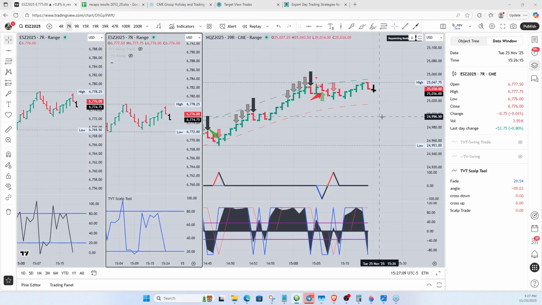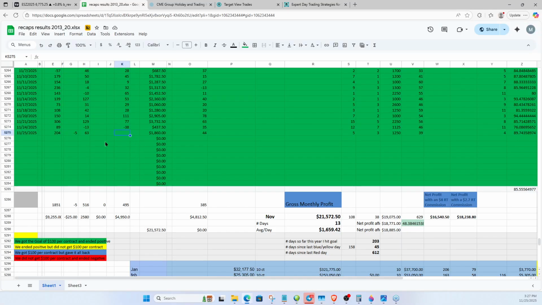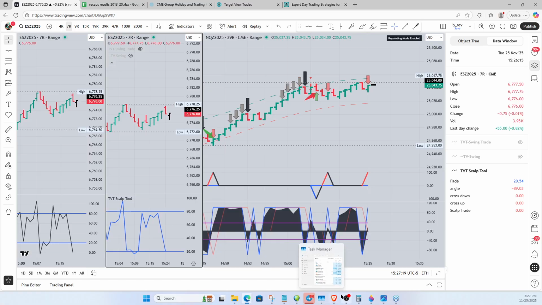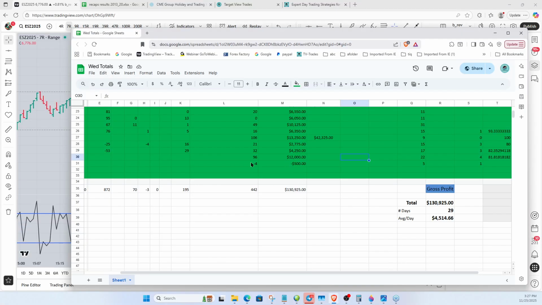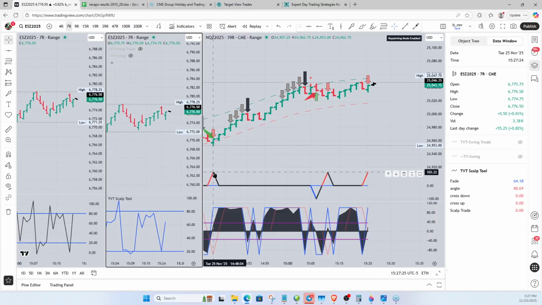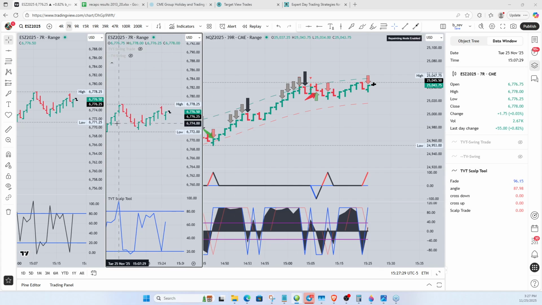Alright, so it's 3:27, and we're actually down a little bit right now. Oops, I keep looking at the wrong thing. It's down here. This is the guy. After 5 trades, we're at -4 ticks. The NQ game is short.